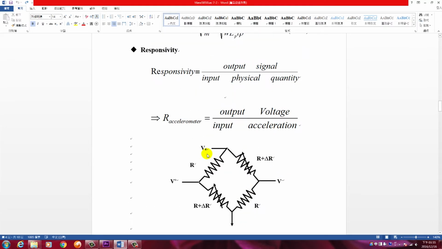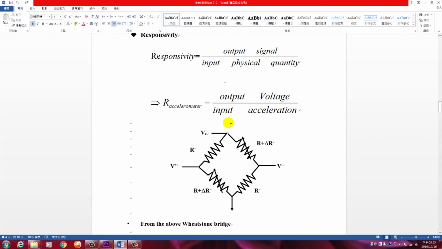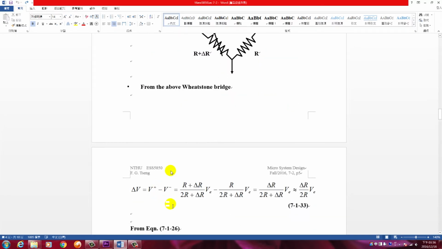Okay, they are equal. So when you apply voltage on the top and ground at the bottom, you get two voltages here, V plus and V minus. If the four resistances are the same, you get V plus equal to V minus, right? No problem. So in this case, V plus minus V minus will be 0. There will be no voltage difference.